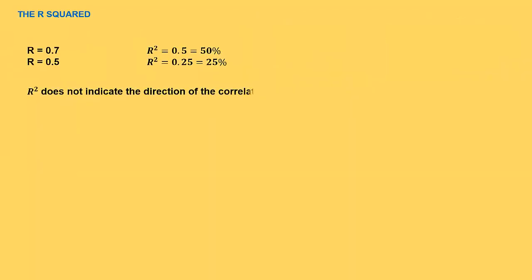And one more thing, while comparing R and R square, R is used when direction is involved, for example, to find the negative correlation or positive correlation. Otherwise, R square is the suitable measure. And one more thing, if you compare the values of R, you can see here this 0.7 is not 2 times 0.5.